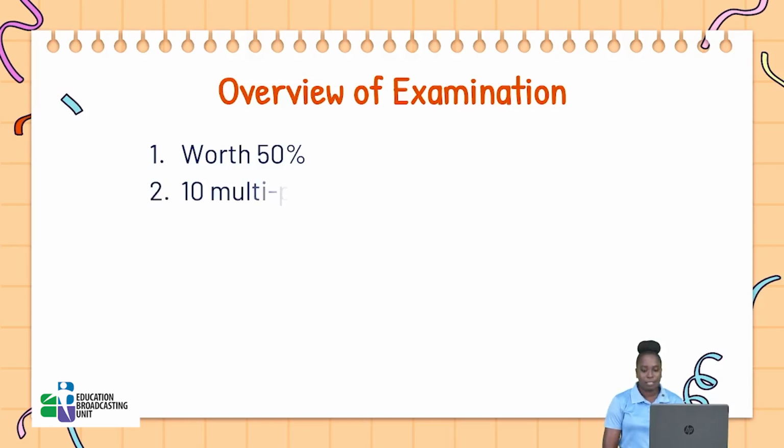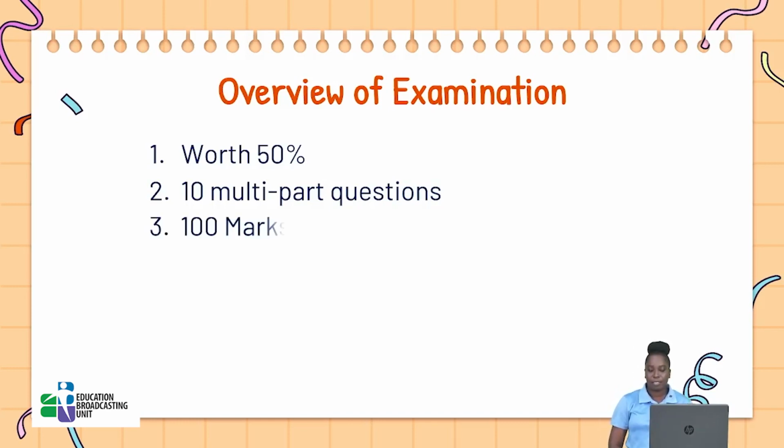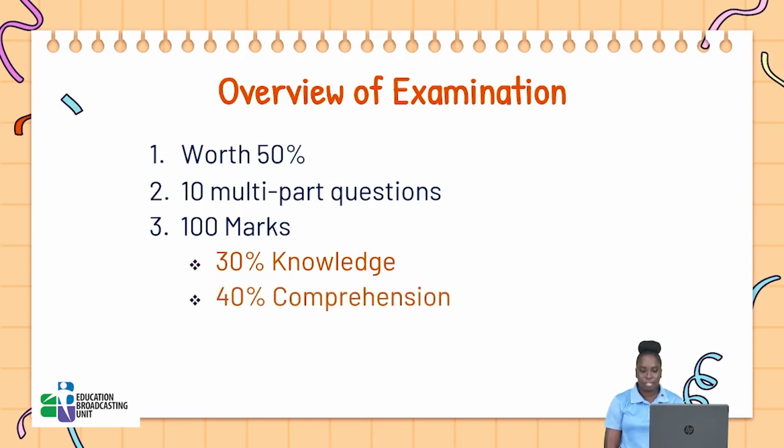The paper consists of 10 multi-part questions, which are compulsory, and is worth 100 marks overall. This is broken into 3 parts. 30% focuses on knowledge, which is what you can recall. 40% on comprehension, or how you can apply what you've learned. And the final 30% focuses on reasoning, which is using what you've learned to solve real-world problems.